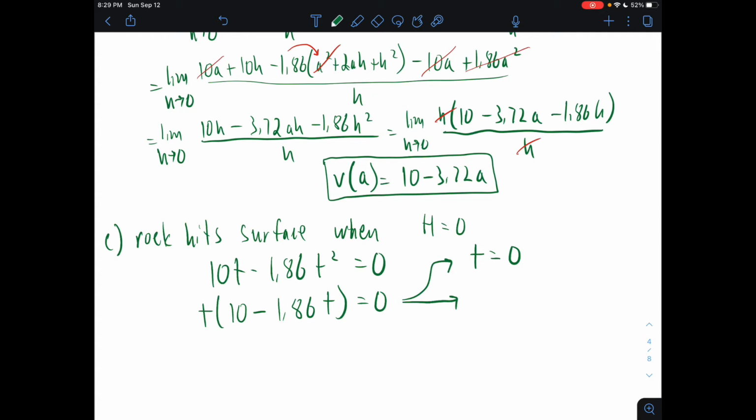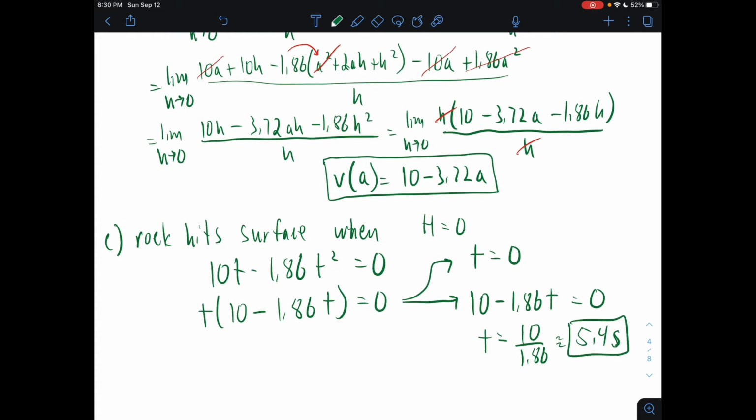And then 10 minus 1.86t equals 0, which means t is equal to 10 divided by 1.86. And if we simplify that, just get some sort of estimate, 10 divided by 1.86 is approximately 5.4 seconds, s for seconds.